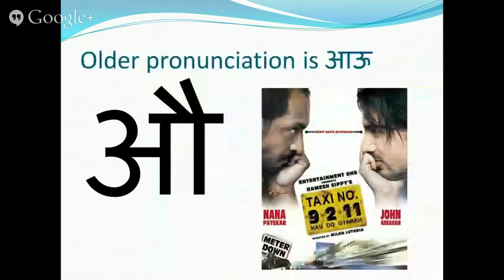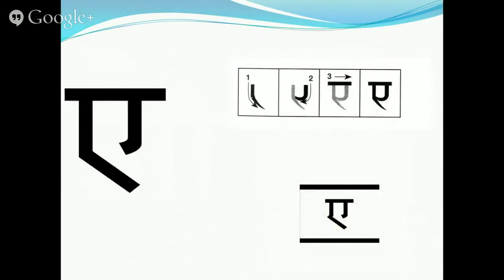You can either say aw or you can say ow, and you will hear both. The ow pronunciation is still quite common, and oftentimes you will hear people say the number 9 as now instead of naw. Either is fine, but now you'll hear a lot.